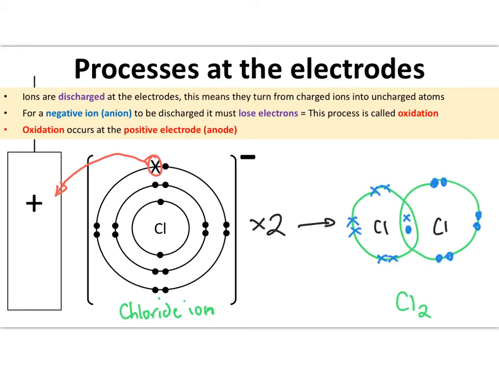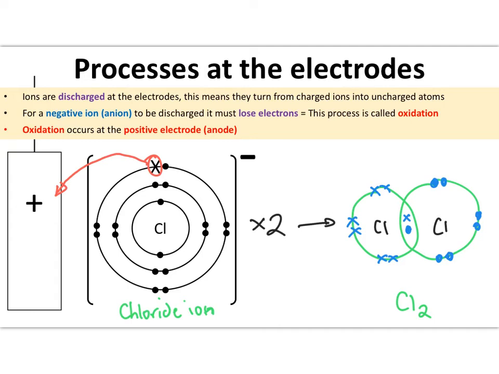Okay, so the chloride ions have been attracted to the positively charged electrode. That's because the chloride ions are negatively charged, the electrode is positively charged, and opposite charges attract. When they've reached the electrode, each chloride ion has lost 1 electron, and the positive electrode has accepted that electron.